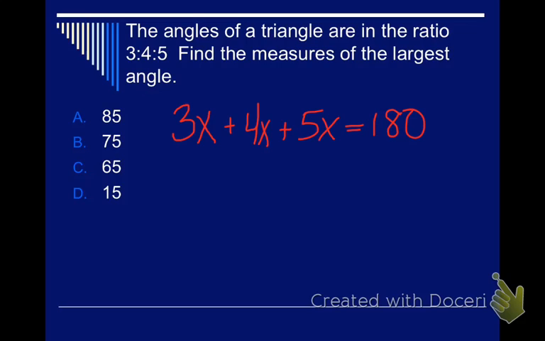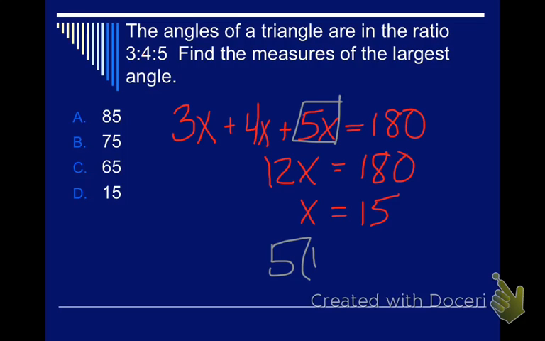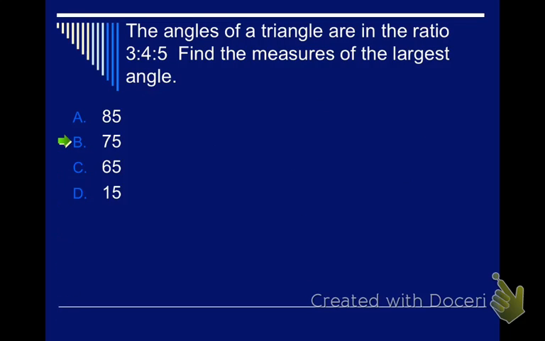You can see this 3 to 4 to 5 ratio is preserved with 3x, 4x, and 5x. If we add these together, 12x equals 180, which means x is equal to 15. Then the largest angle, 5x, must be 5 times 15. Final answer is 75.